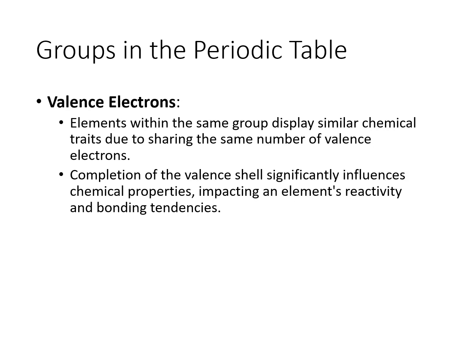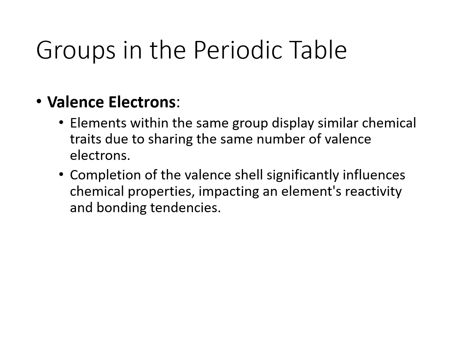Elements within the same group have the same number of valence electrons, the electrons in the outermost shell of an atom, which is why they display similar chemical properties. Whether an element's valence shell is full or nearly empty plays a big role in how it behaves, especially in chemical reactions and bonding.